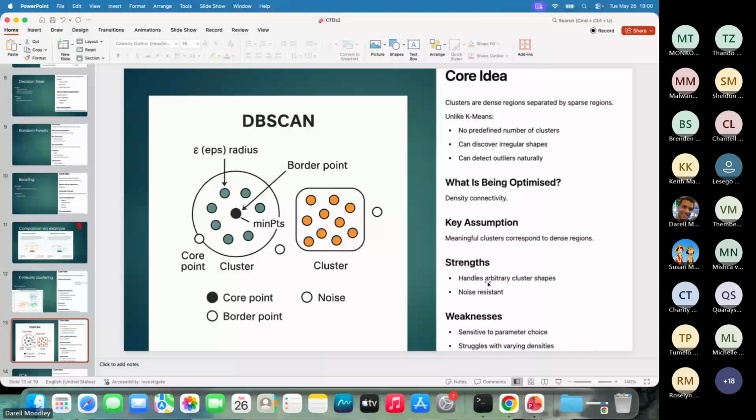The strengths: noise resistance, that's exactly what I meant by isolating outliers. Weaknesses: it's sensitive to parameter choice. There are 2 parameters that this model uses, right? The one parameter is your neighborhood radius, which you have to specify. And then you have to specify the minimum number of points you want to form a dense region, right?